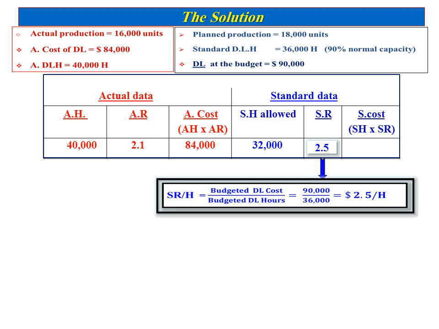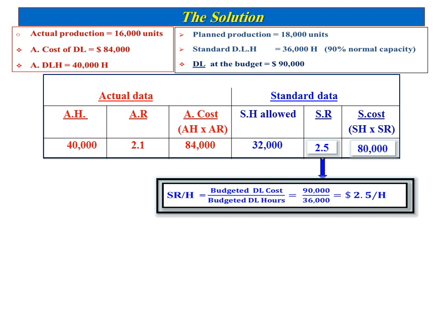If my standard hours allowed are 32 and my standard rate is 2.5, the standard cost will equal 80.